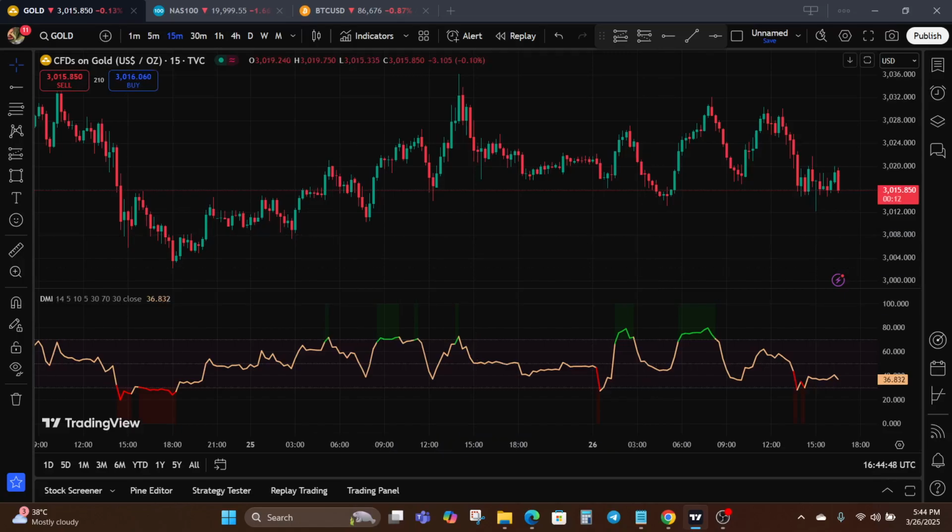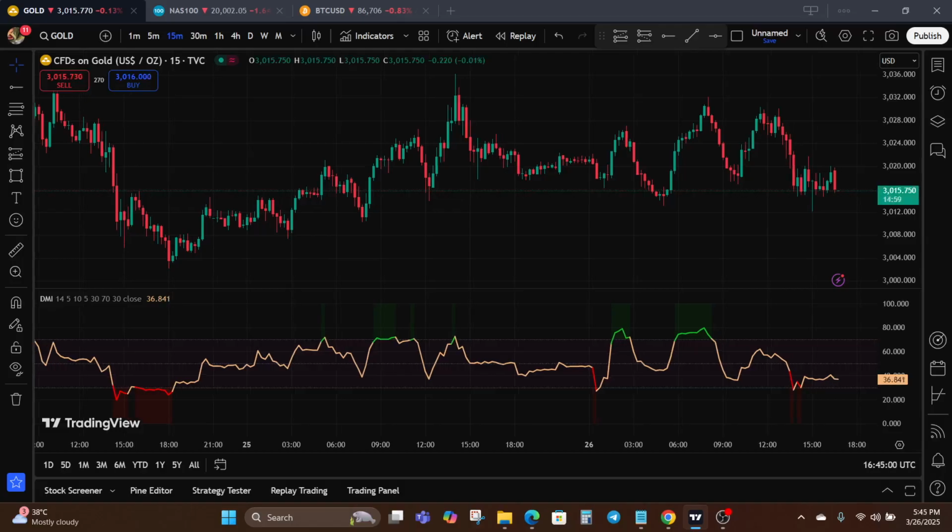Unlike traditional momentum tools, this indicator does not rely on a fixed period. Instead, it adjusts based on market volatility. This means more accurate signals and better adaptability in both trending and ranging markets. Let's quickly dive into how it works and how you can apply it to your trading strategy.